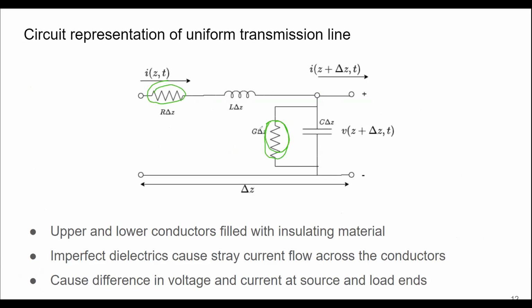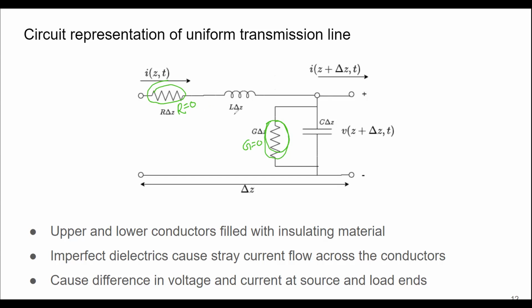In lossless transmission lines, we assume that these components are equal to 0, right? Because the conducting wire is a very good conducting wire, and therefore the resistance is almost negligible, right?